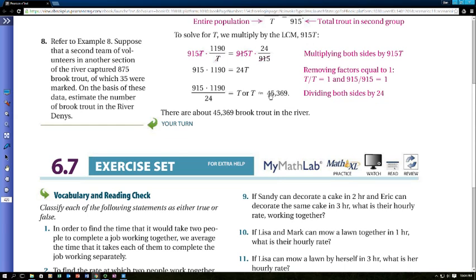And I'm sure if they're really truly trying to get a good guess at how many actual fish are in that river, they'd probably do this study several times under different conditions. But that's what it's telling us, that there's about 45,369 brook trout in this specific river.